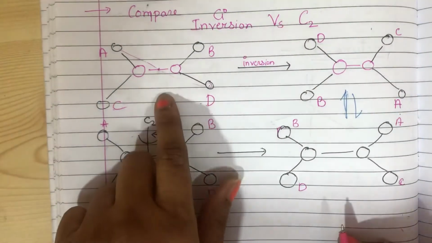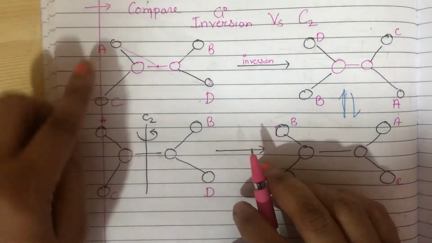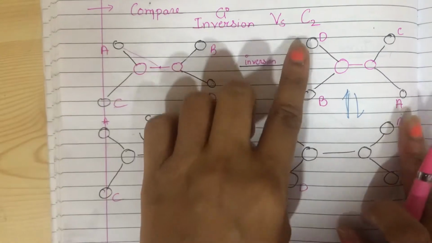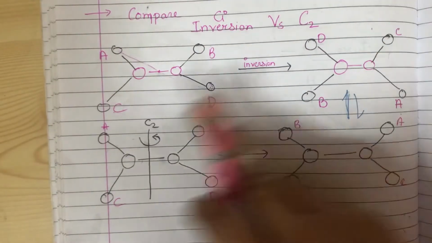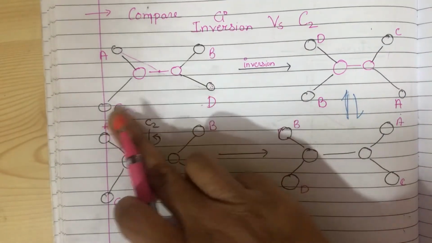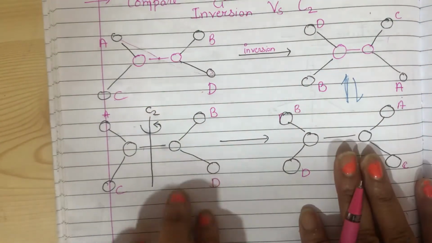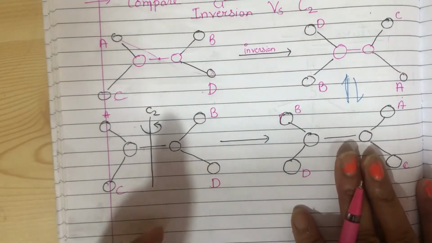Okay, so if I do an inversion, what I will find is that A is inverted to the D position and D is inverted to the A position, as you can see here. And C is inverted to the B position and B is inverted to the C position, as you can see here. Now what if I give this molecule a C2 axis of rotation?